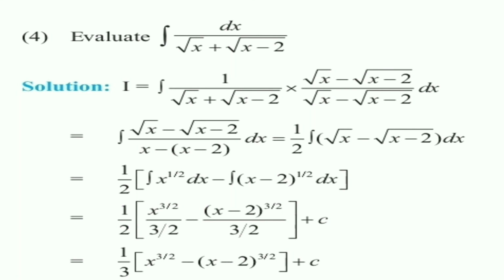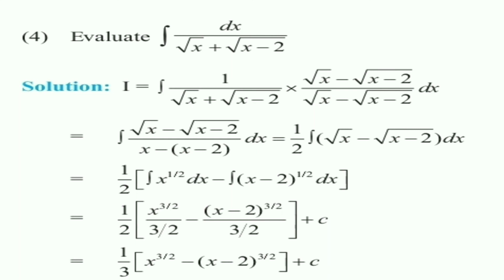Here we multiply numerator and denominator by root x - root (x - 2). After multiplying we get the integration of (root x - root (x - 2)) upon (x - 2) dx. Here we apply the formula of (a - b) into (a + b).